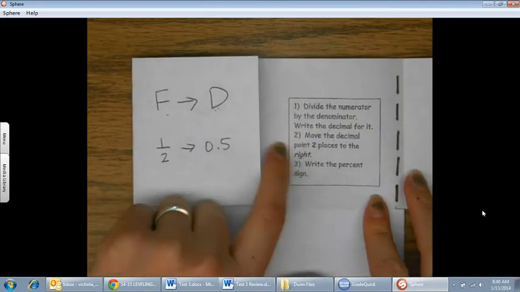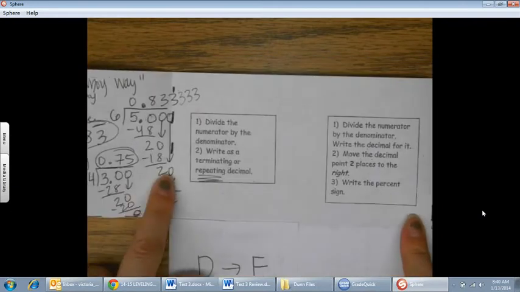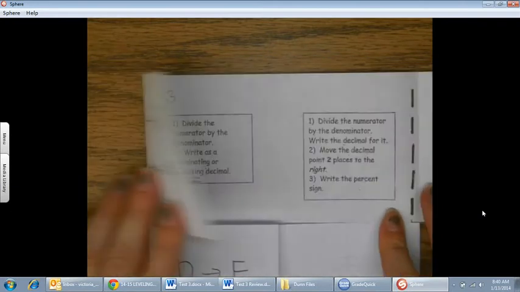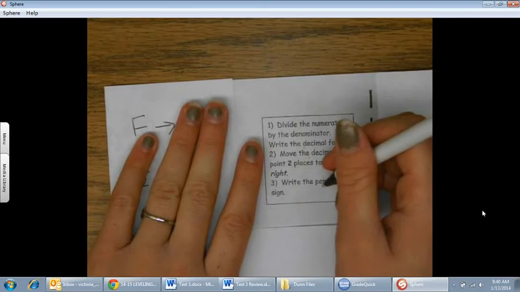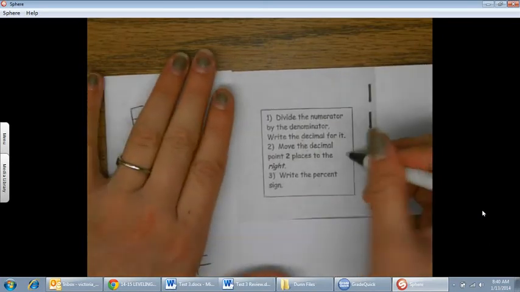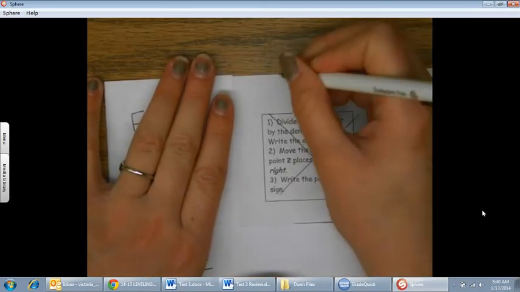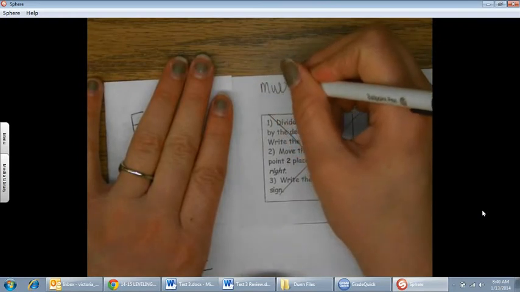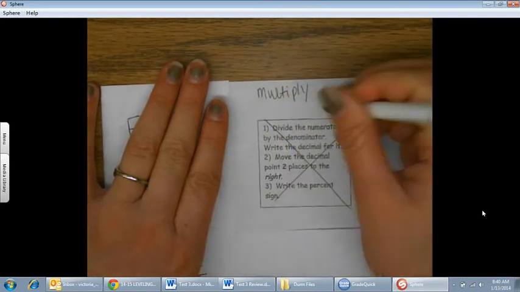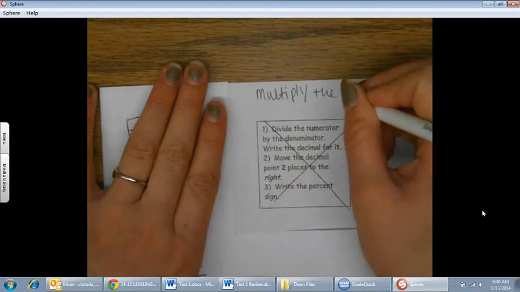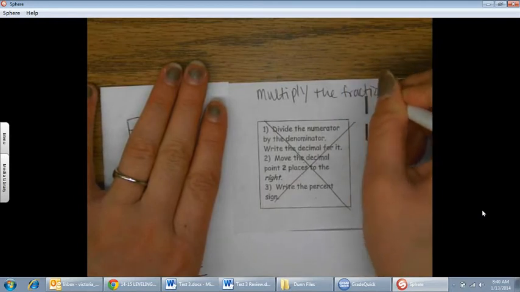Again, this is 2 steps, and you can do this, but I think it's easier if you just multiply the fraction by 100. Okay, and I'll show you what I mean.